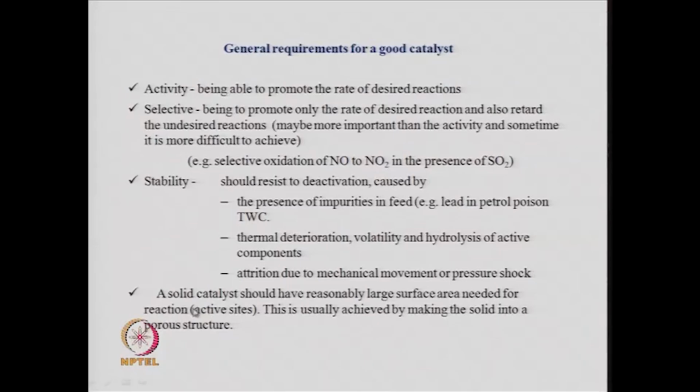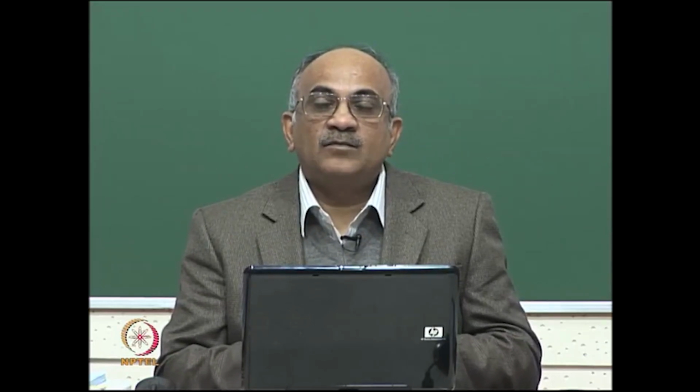A final thing, but a most important thing: a solid catalyst should have a very large surface area, because in a solid catalyst most of the reaction is at the surfaces, as mentioned earlier, and the active sites are all on the surfaces. So, if the surface area is very high, you have a high proportion of active sites, and hence the catalyst can act much better.